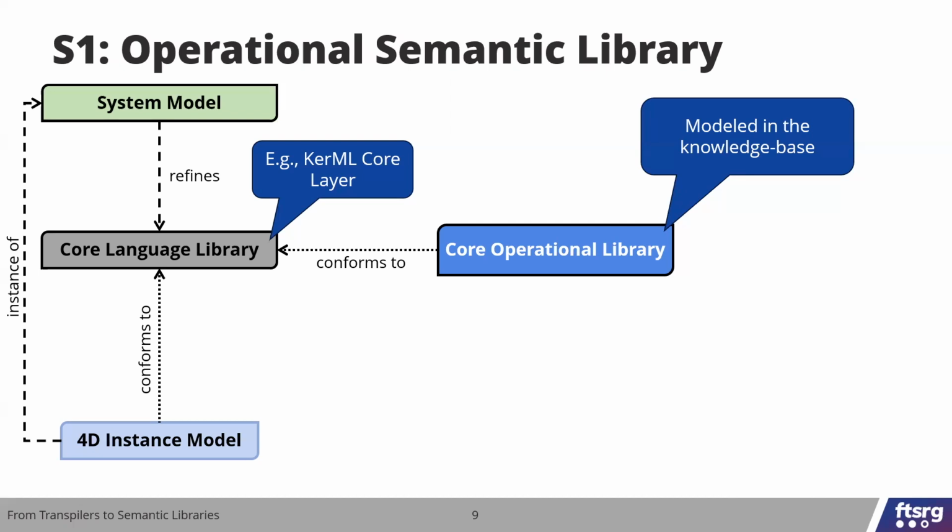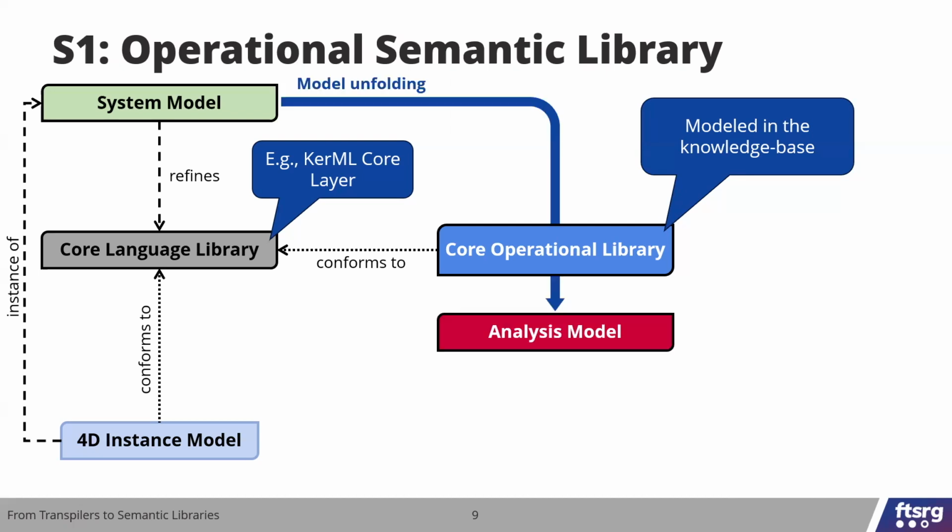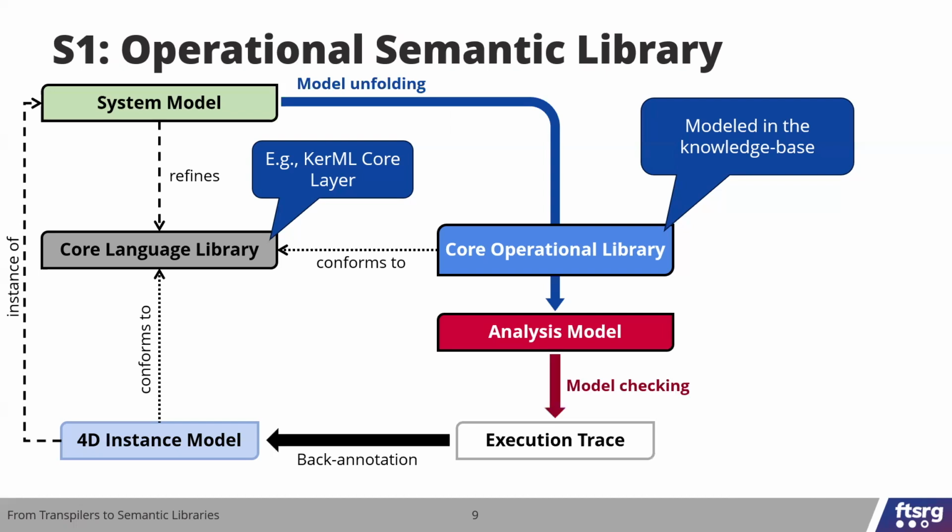Using this operational library, we can unfold all of these semantic constraints along this ontology into the operational representation. Using this operational representation, we arrive at an analytic model, which is purely operational. And then we can reuse the same model checking techniques that we have developed during the last decades.